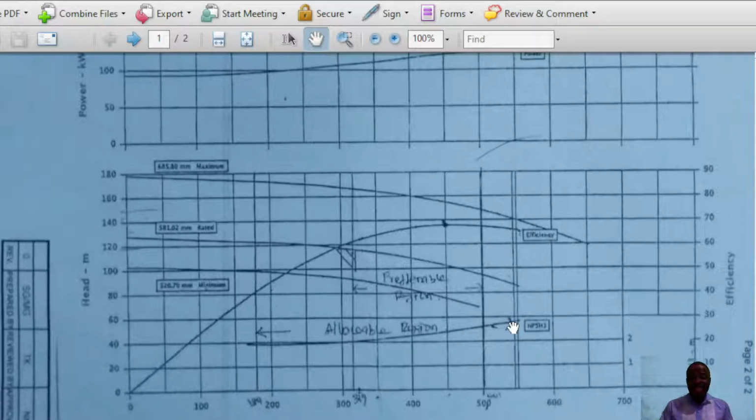Now, another thing that is very important here is that, because people always make this mistake when you are calculating your pump suction specific speed. Now, this expression with your N in RPM and your best efficiency points. Okay, let's go back to the presentation.